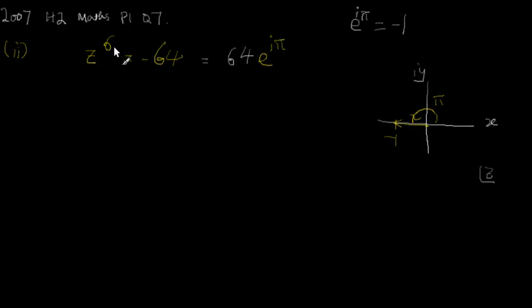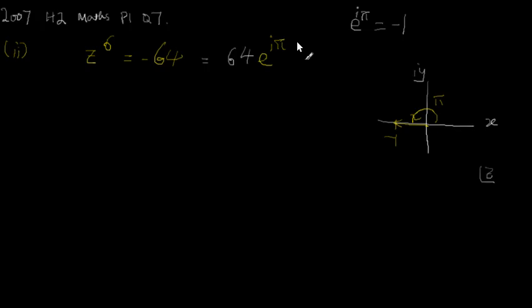Now to find z, we need to root this. We need to take the 6th root of the two sides of this equation. Now, if it's z to the power of 6, we would expect that there are actually 6 different answers, or up to 6 different answers.